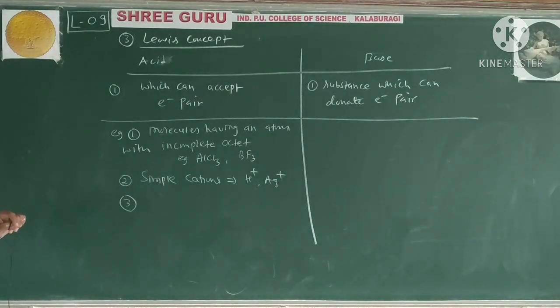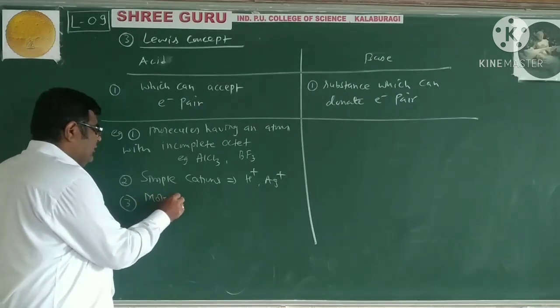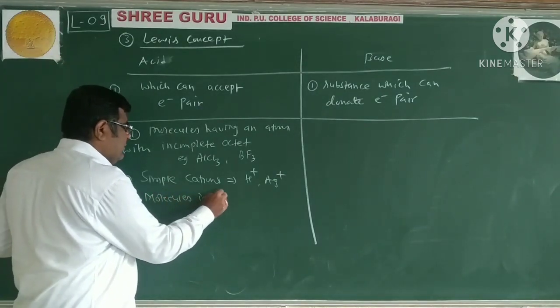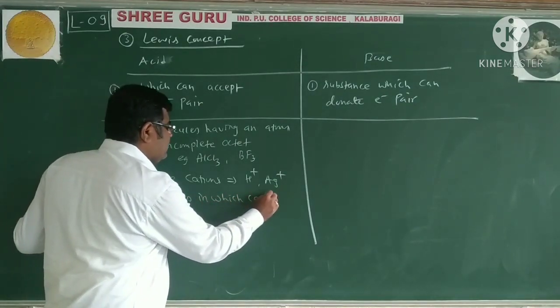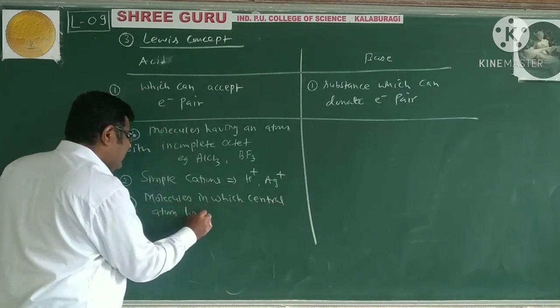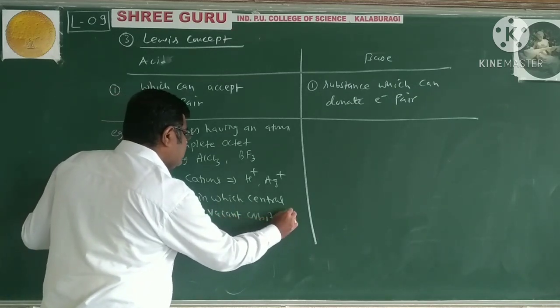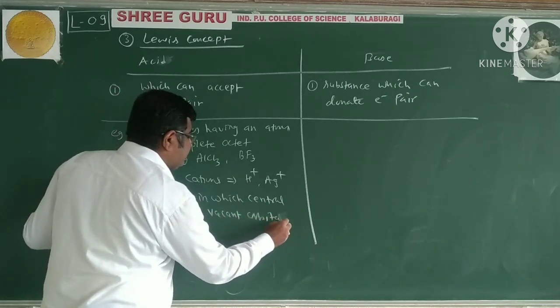Third one is molecules in which central atom has vacant orbitals.